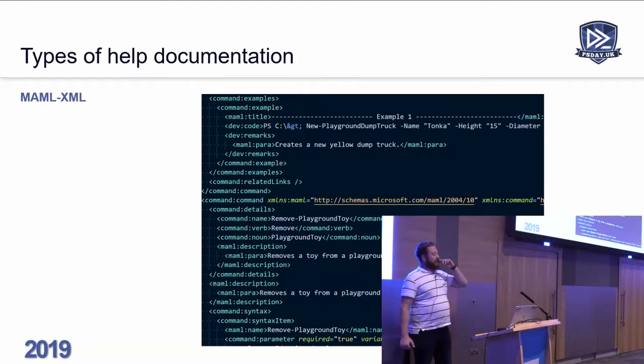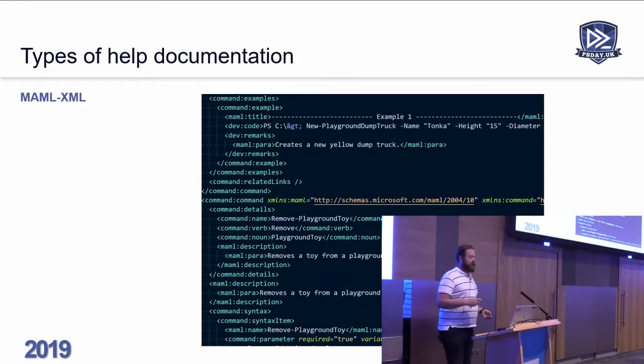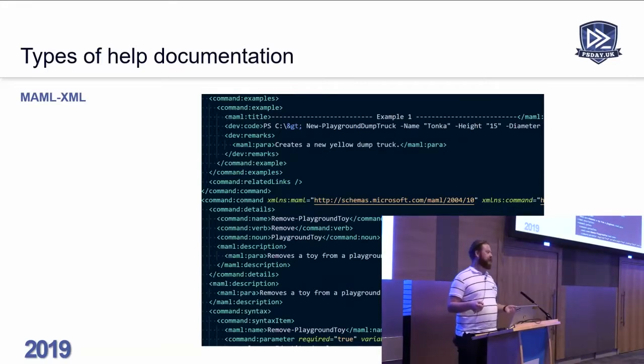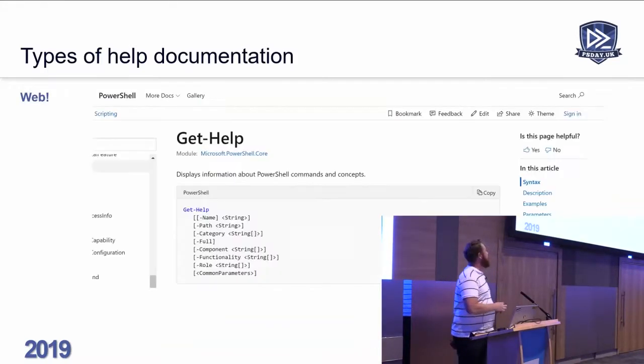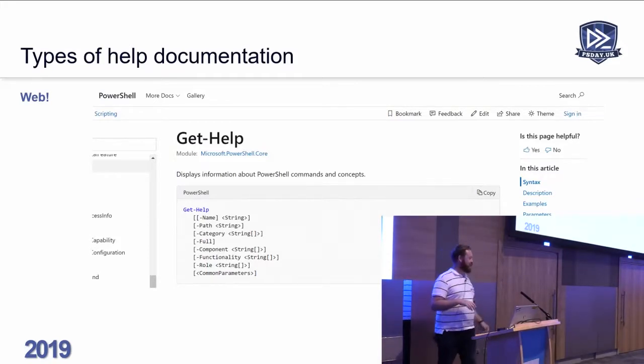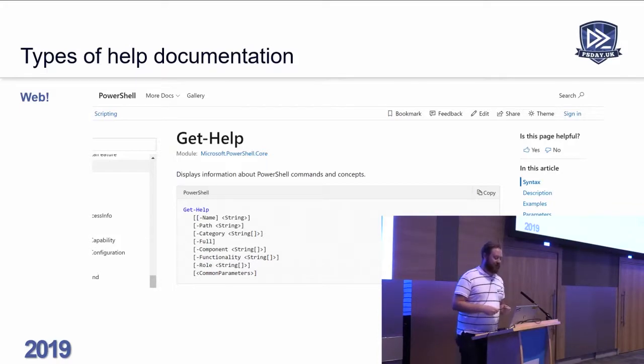And the third type of help that we're looking at is something that's, well, it's not new, but most people nowadays probably go online instead of using the get help command. So more often than not, it might be advantageous to use some sort of website where you host your documentation for your code.